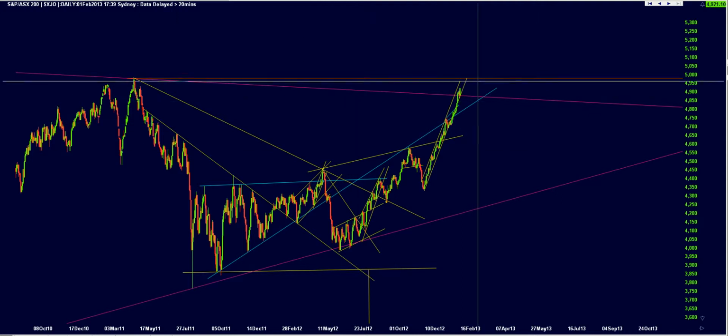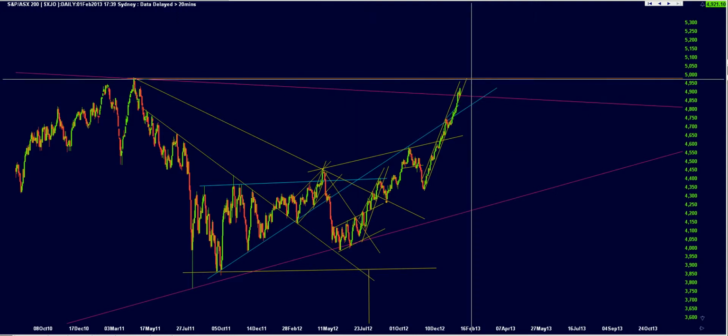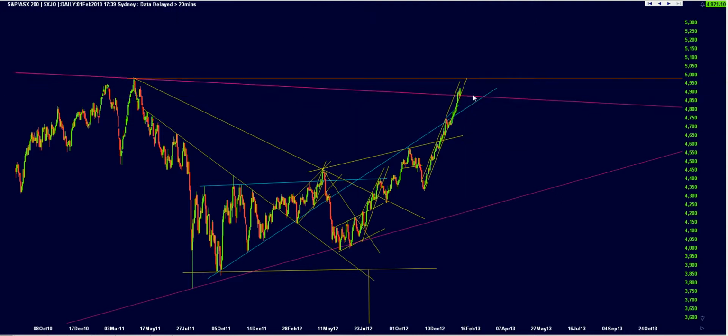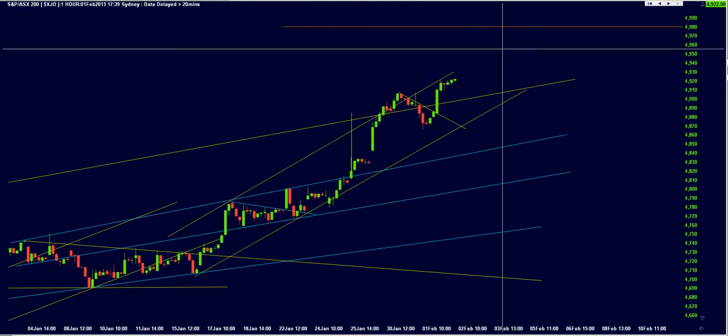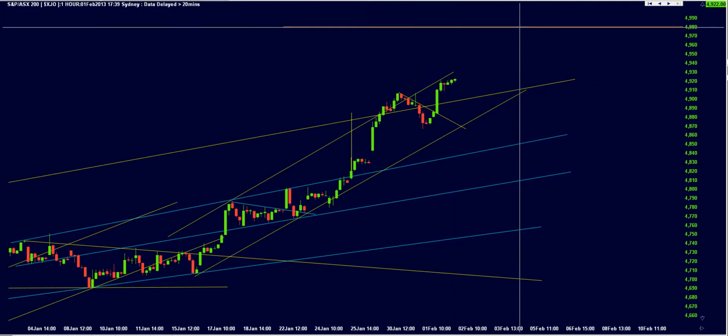So you'd think that this would be strong resistance, and I actually find it amazing that we got over this purple line here, because the markets have been pushed down each time we've come up to this area. Now I think there's that last little bit of steam to get up to that 4,980 level.